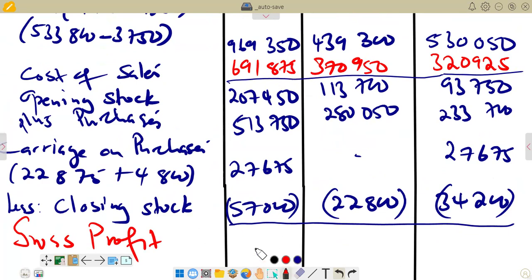Then the answer that you are supposed to get there is 277,175. Do the same for our microwaves, where we are saying 439,300. Then you subtract 370,950. Then you get 68,350.